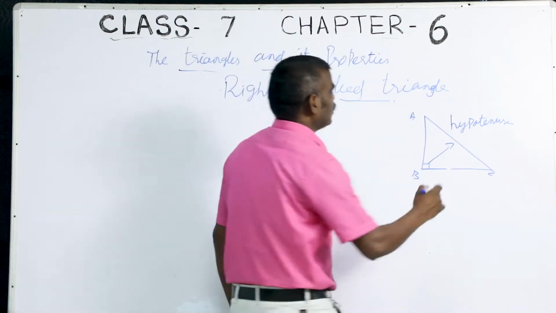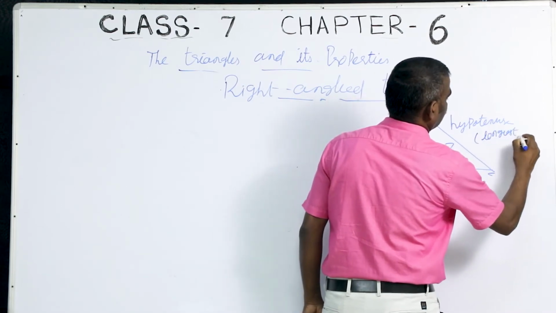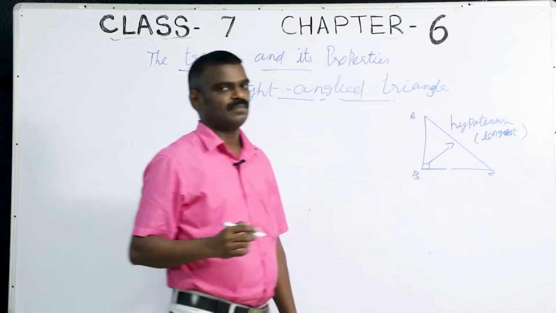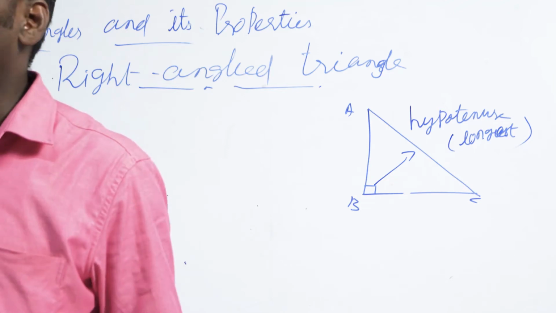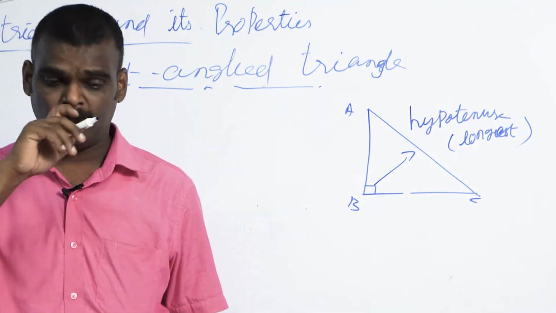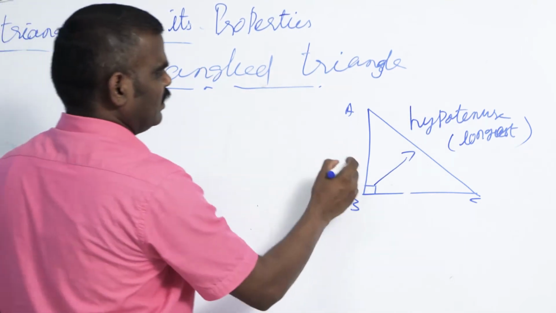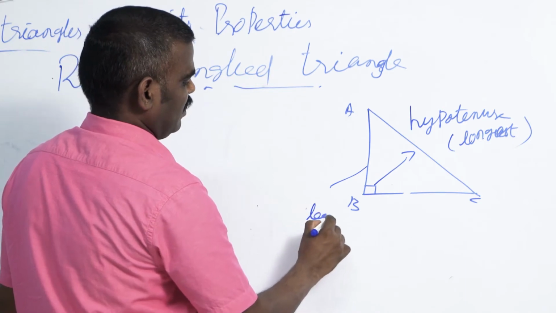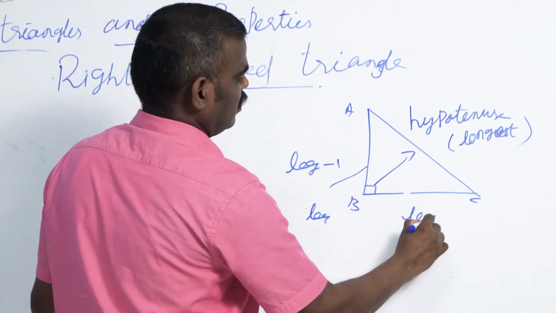That is the longest side. The side opposite to 90 degree is always the longest in a right triangle. The name is called which one? Hypotenuse. The other two sides are called legs, leg 1 and leg 2.